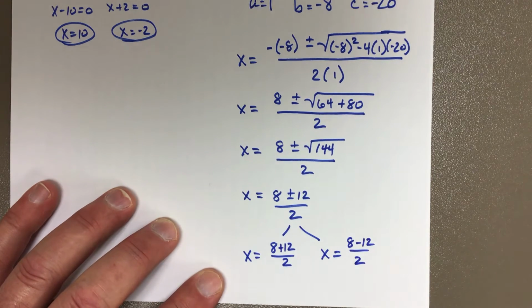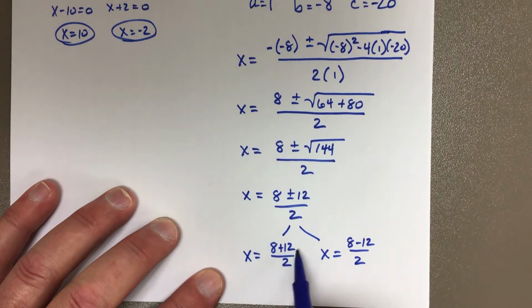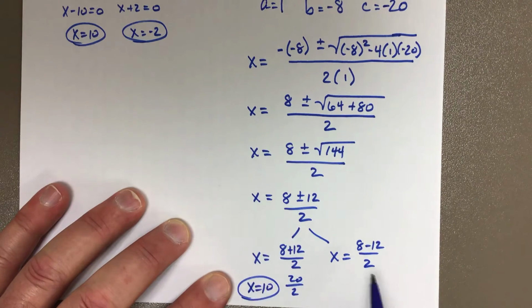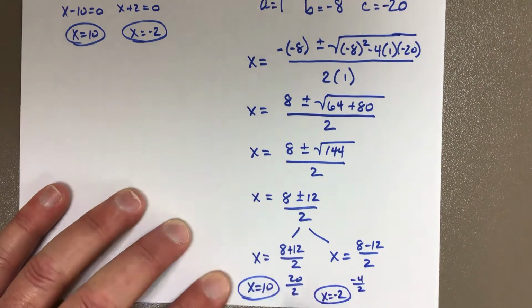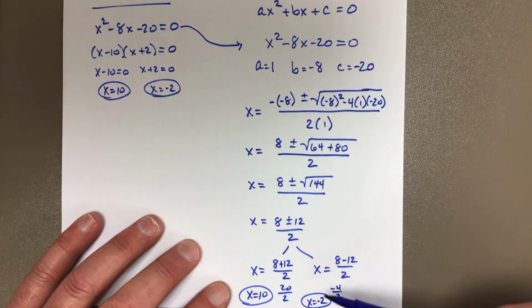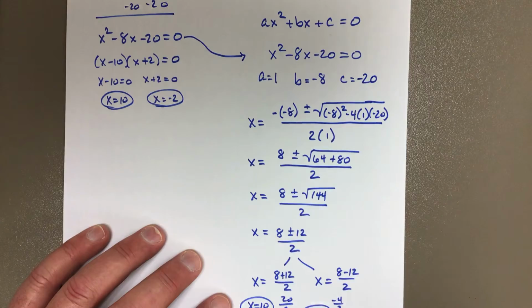That's what it means by plus or minus. 8 plus 12 is 20, divided by 2 is 10, so x equals 10. Hey, we had that up here, very good. Then 8 minus 12 is negative 4, divided by 2 is x equals negative 2. Hey, we had that over there. So you can do this, or you can do this.